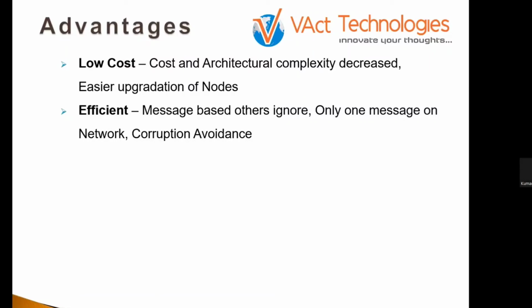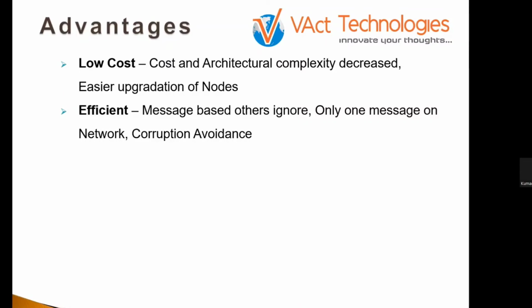It's low cost, easy to upgrade, and very efficient. As I told you, messages meant for others are ignored; only the intended recipient receives the message, so it's very efficient communication.